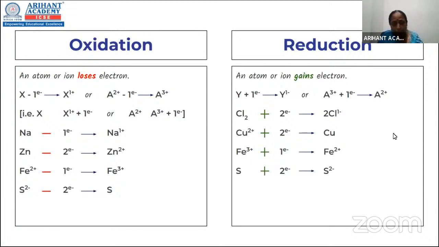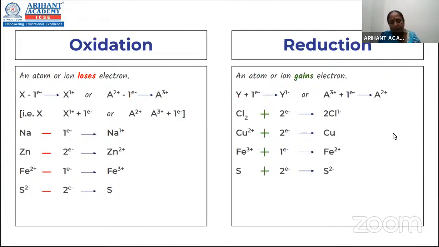I can alternatively write it as Zn arrow Zn 2 plus plus 2 electrons. So I can just shift the 2 electrons to the left and mathematically it becomes a minus, and then I can apply my LEO GER. The mnemonic that I give you is for the left side of the equation.